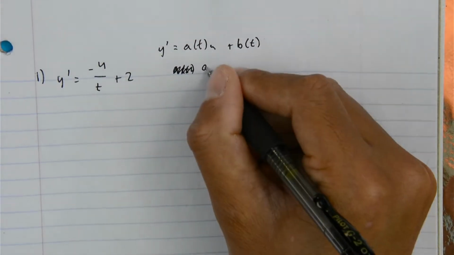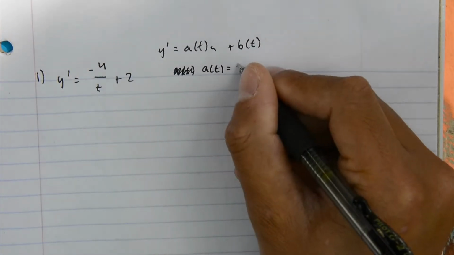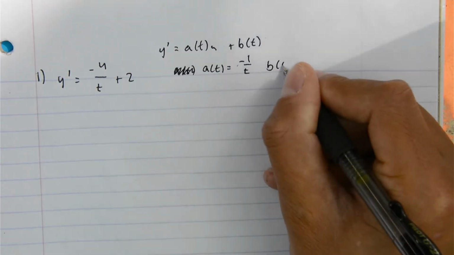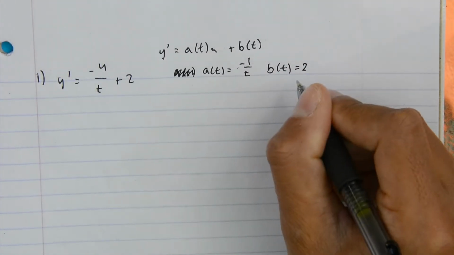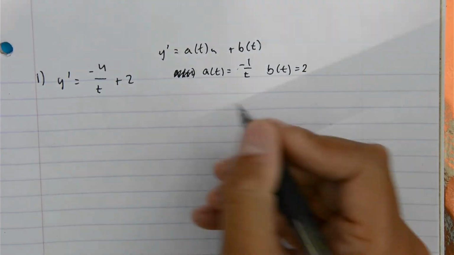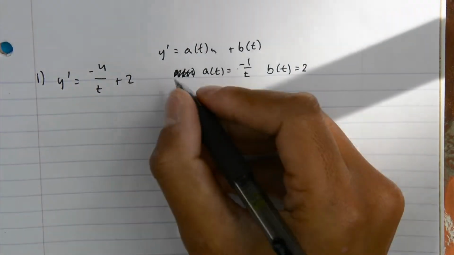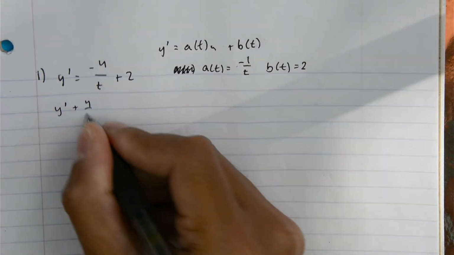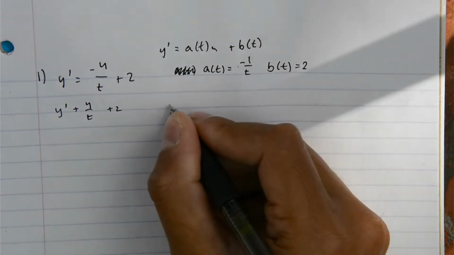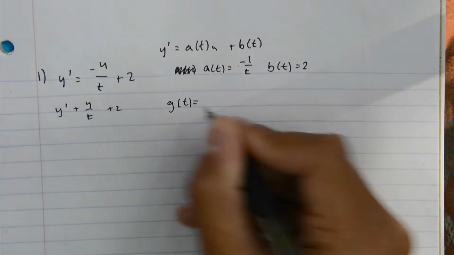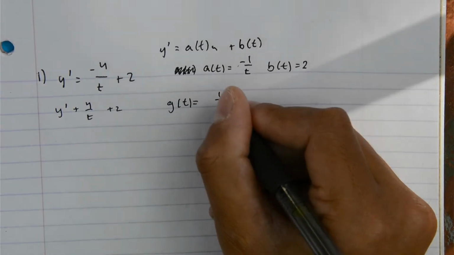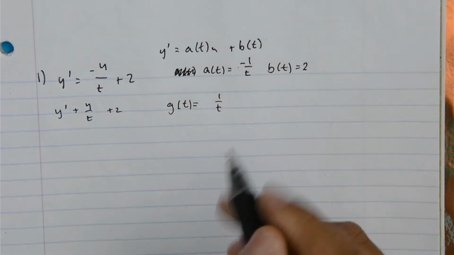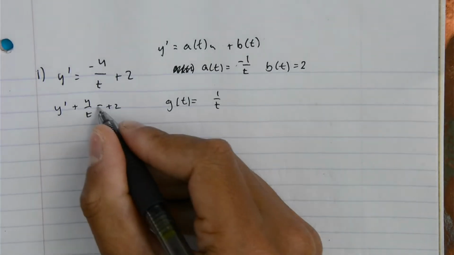Okay, so a of t is equal to minus 1 over t, and b of t is equal to 2. But what we want to do is make g of t. So the form for integrating factors is we're going to get y prime plus y over t equals 2. So in this case, g of t is equal to 1 over t. So it's just the inverse. We just multiply by minus 1 or whatever.